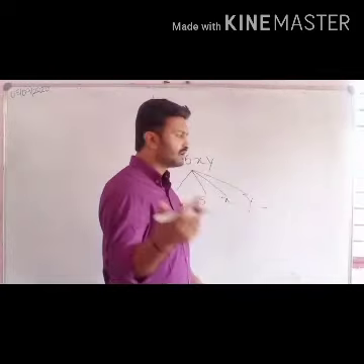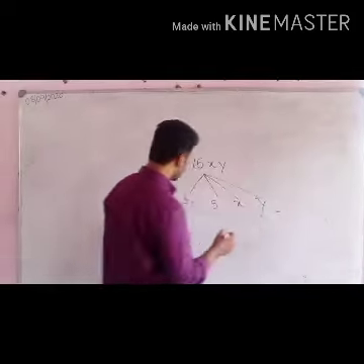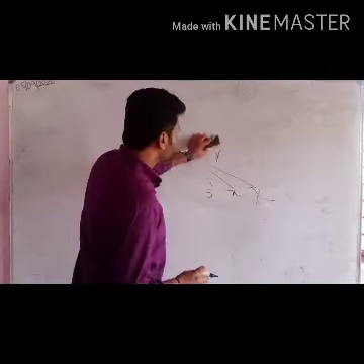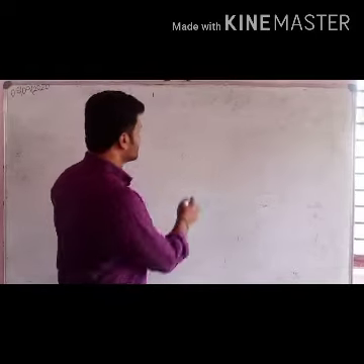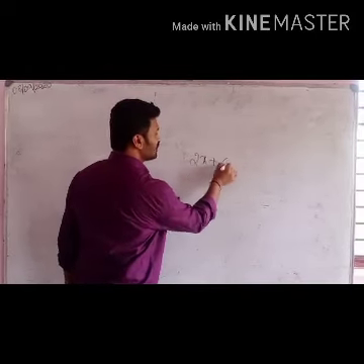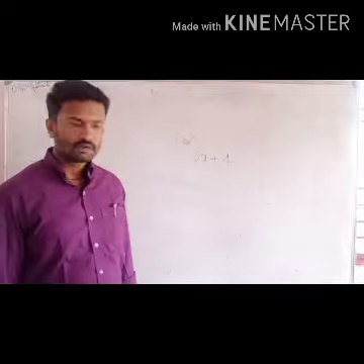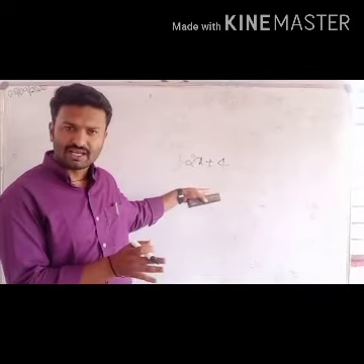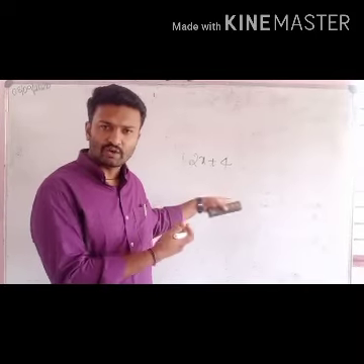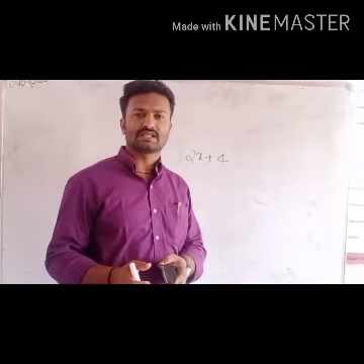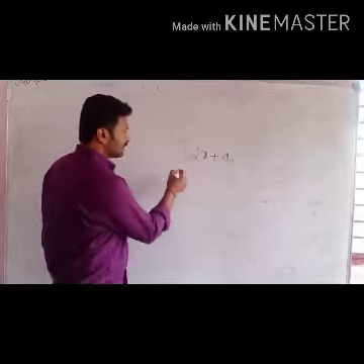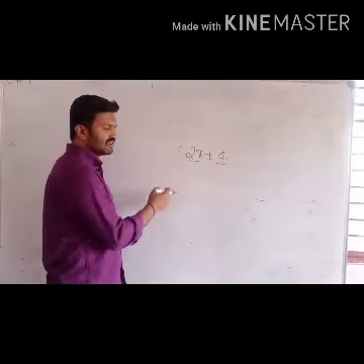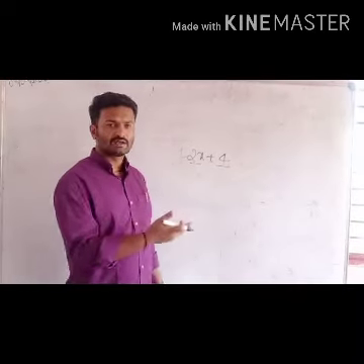One more example for factorization. See here, 2x plus 4 is a binomial. Just split this binomial. We have to find out the factors, here 2x and 4. First we will take the common in the numericals.